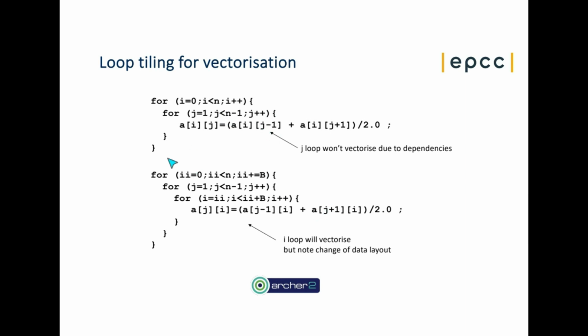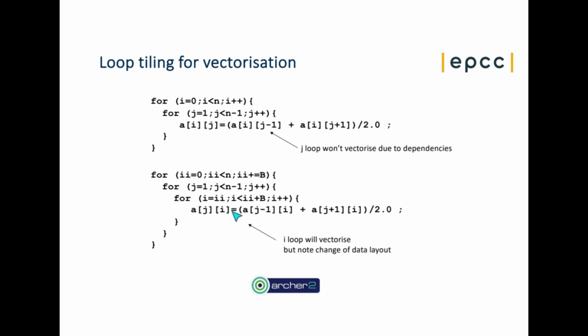But in this case we could block the i loop, and then move the i loop innermost, and also potentially do the index swapping.